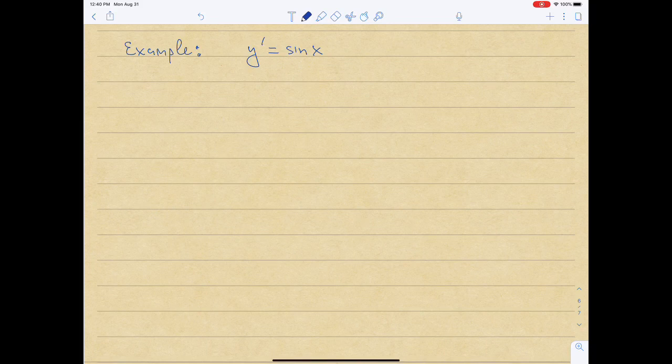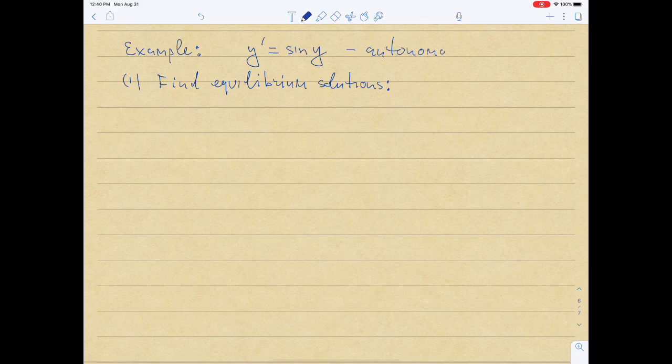So if y prime is equal to sine y, then in order to find the equilibrium solutions, number 1, I want to find equilibrium solutions. Those are solutions which make sine of y zero. This is an autonomous ODE.